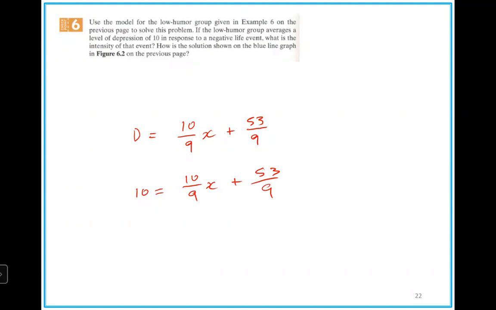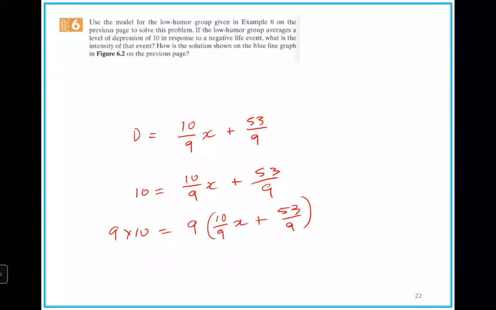So since we're using 9, it'll be 9 times 10 equals 9 times 10 over 9x plus 53 over 9.